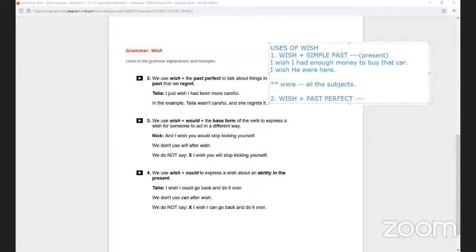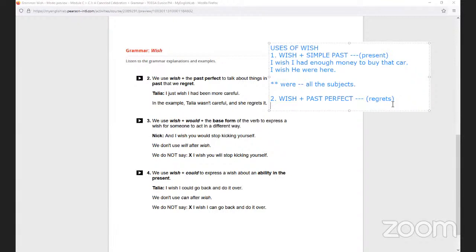And when are we going to use this? When we talk about regrets, something that we, for example, didn't do in the past, but we wish that we would do it, for example.